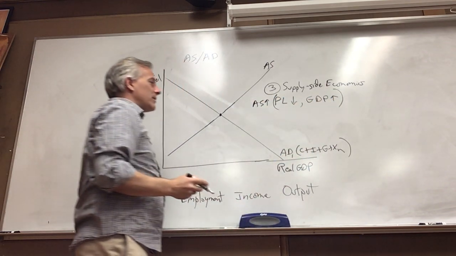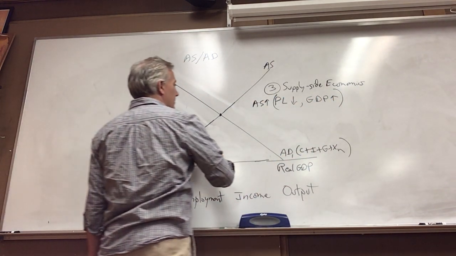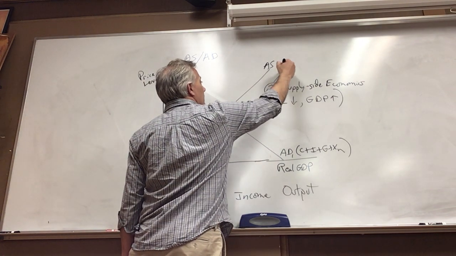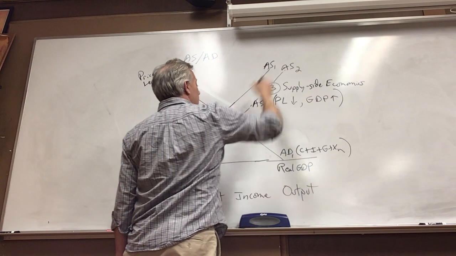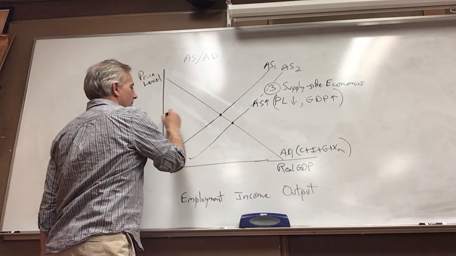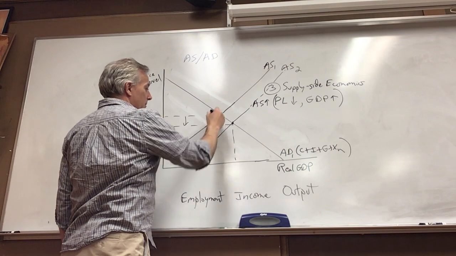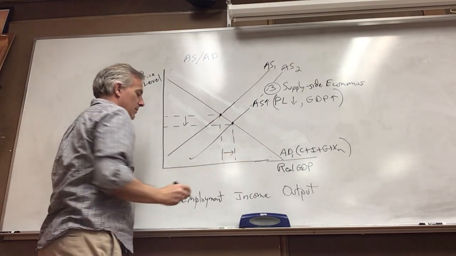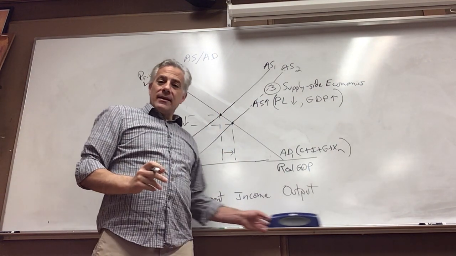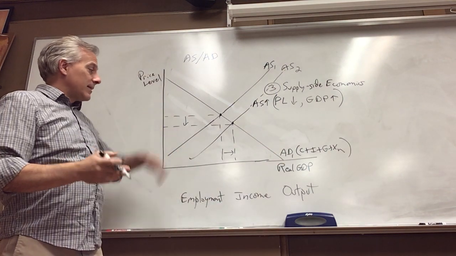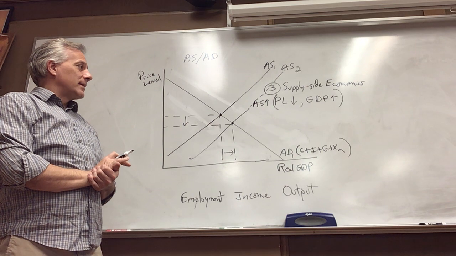Okay, price level goes down, real GDP goes up, it's a rightward shift of the aggregate supply curve. All right, we can see price level decreases, real GDP increases, so employment, income, and output all increase, which is a good thing while price level is also being managed.